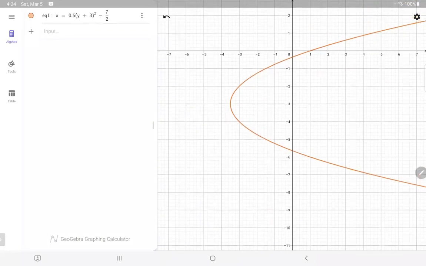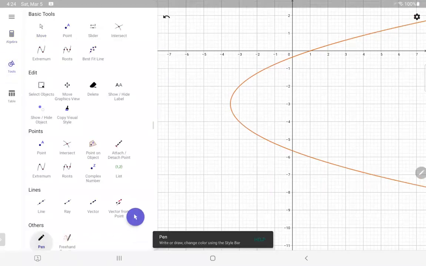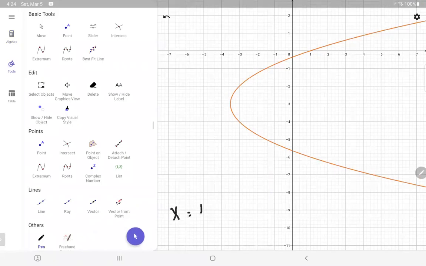Who can tell me what? Okay, first of all, this parabola opens where? We copy the equation. X equals half y plus 3 squared minus 7 over 2. This is what we got when we completed the square.